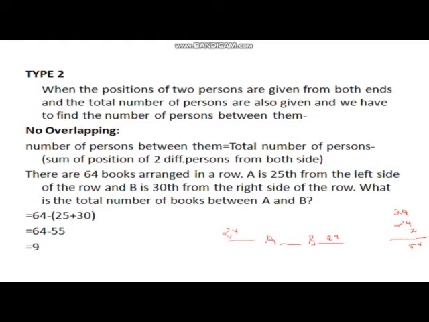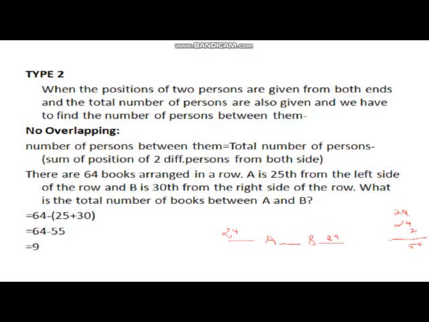We have to find the total number of books between A and B. A is 25th, meaning there are 24 persons before A, and B is 30th from the right side, meaning there are 29 persons before B from the right. So 29 plus 24 plus A and B, which is 2, we get 55. The total number of books given is 64, so 64 minus 55 is 9.